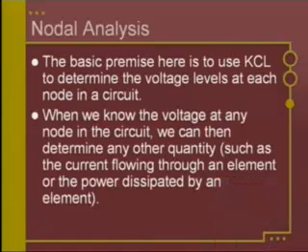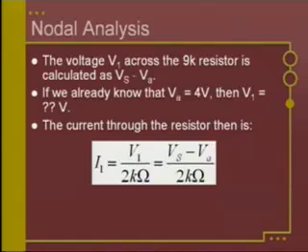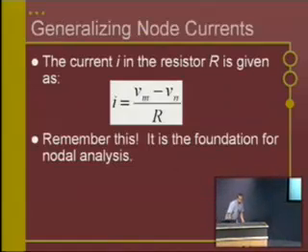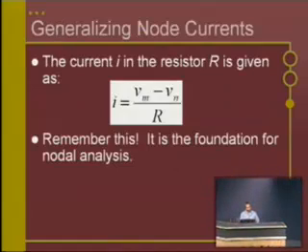We can figure out the voltage across the resistor. We can figure out the current flowing through the resistor by dividing the node voltage by the resistance, whatever we want to do. We can do all of that very easily with the node values themselves. We looked at some examples of how that goes, and this is really the key thing for all of these node current things.